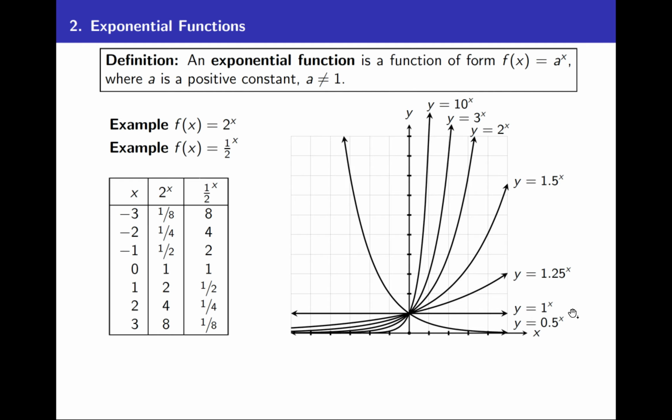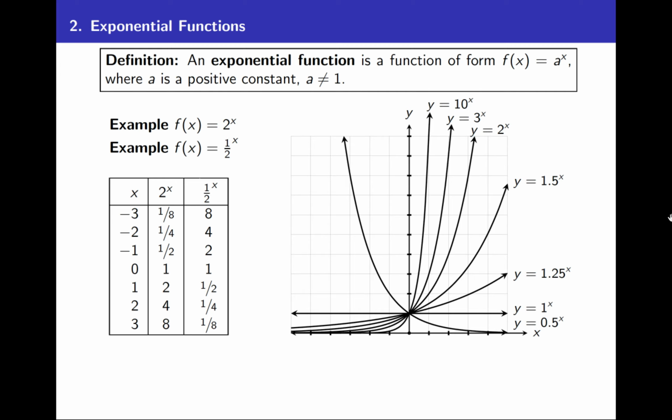But I've put it in here because you can see as the base increases from 0.5 to 1 to 1.25 to 1.5 to 2 and so on, those exponential functions get steeper and steeper and steeper. So there's a whole family of exponential functions, a to the power of x, and we've just graphed a few of them here.